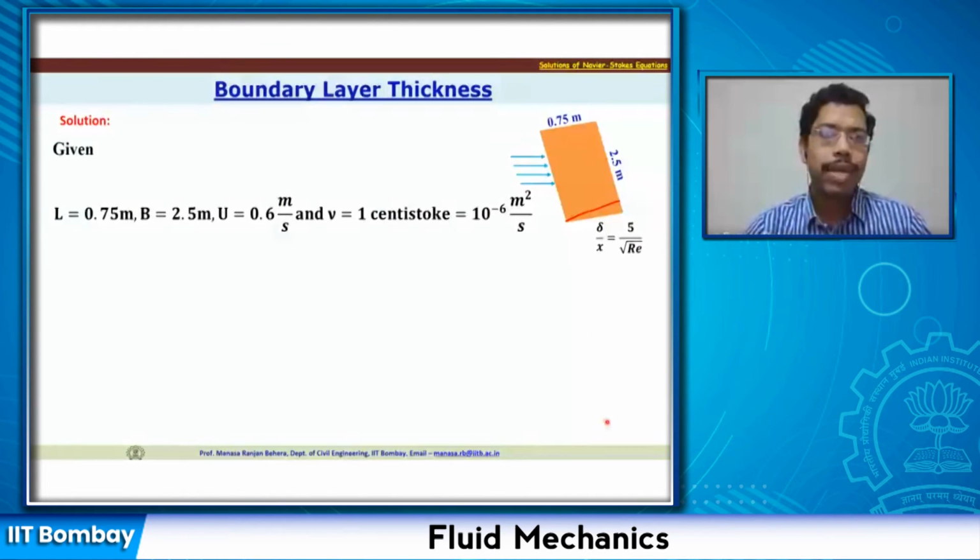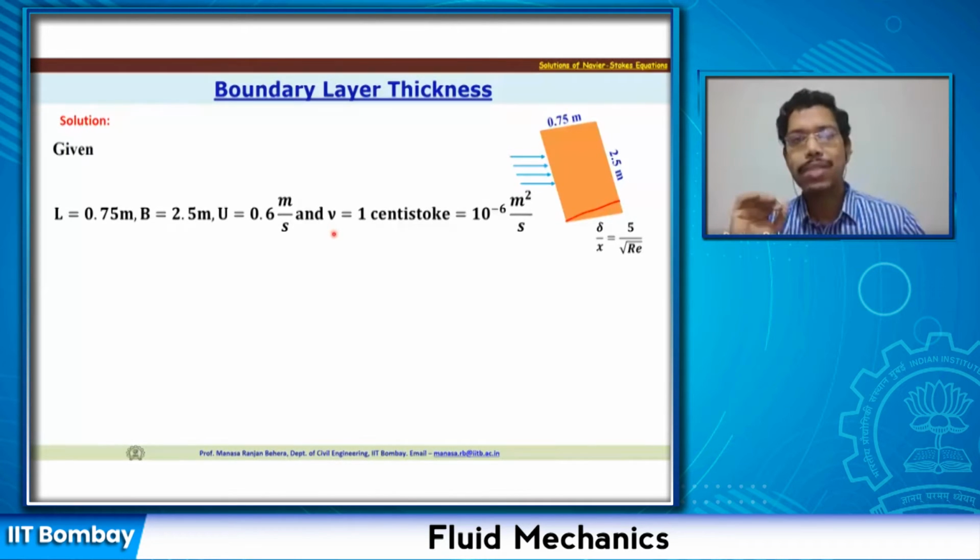We have length 0.75 meter, width 2.5 meter, U the velocity of the flow given as 0.6 meter per second, and nu, the kinematic viscosity, given as 1 centi-Stoke, which equals 10 to the power minus 6 meter square per second. It is better to write all this in SI units and then start solving so that you don't make mistakes. Now let us find out what is going to happen at the midsection.